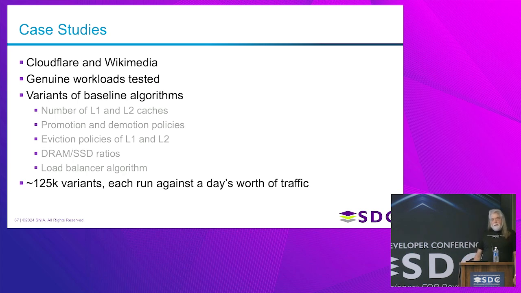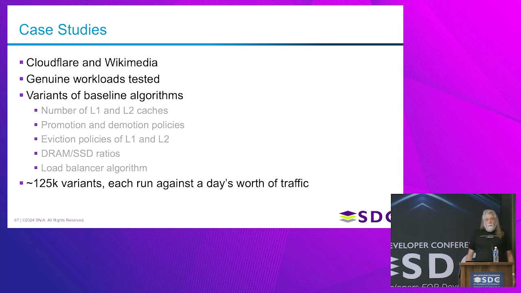So for our case studies, as I mentioned, we simulated things from Wikimedia and Cloudflare, and we used the genuine workloads. We did variations along the lines of what I showed you earlier with the various different L1 and L2 sizes, the various different eviction algorithms, the various different DRAM and SSD ratios, and various different load balancer algorithms.